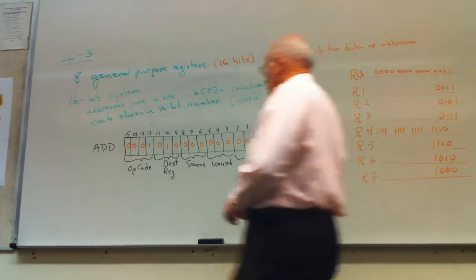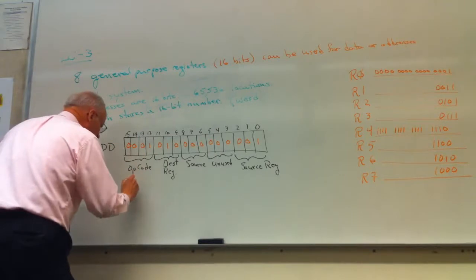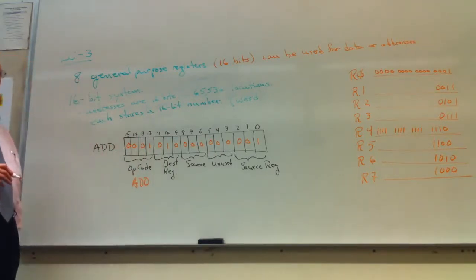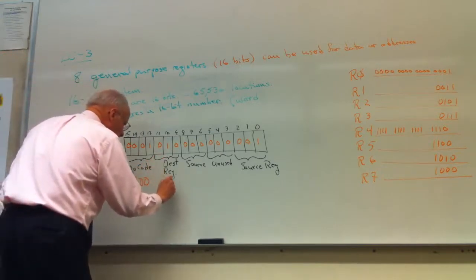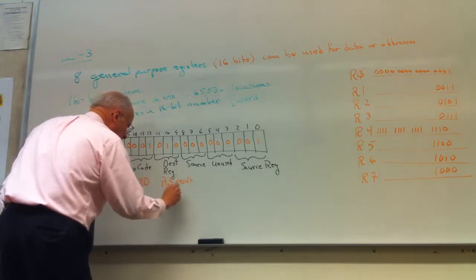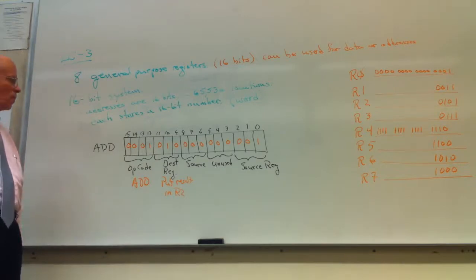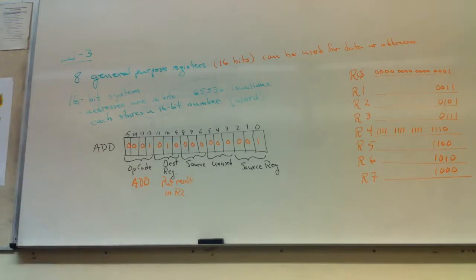Now, here's the way this thing actually works out. That opcode says add. This says put the result of the add in register 2. When you do an operation like this, there are really 2 things you have to work with.